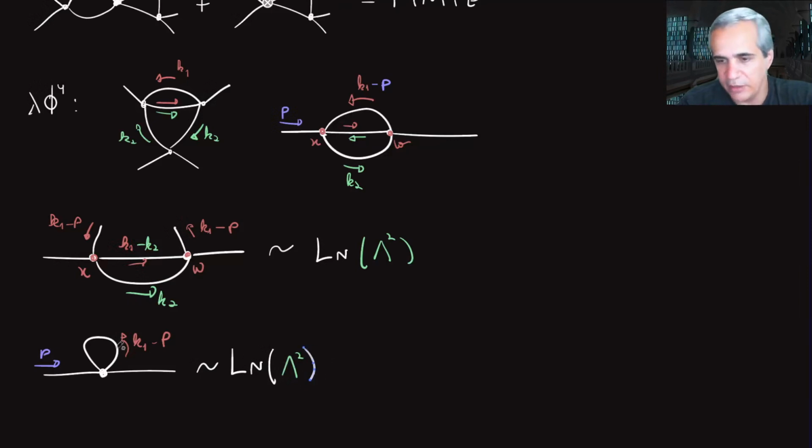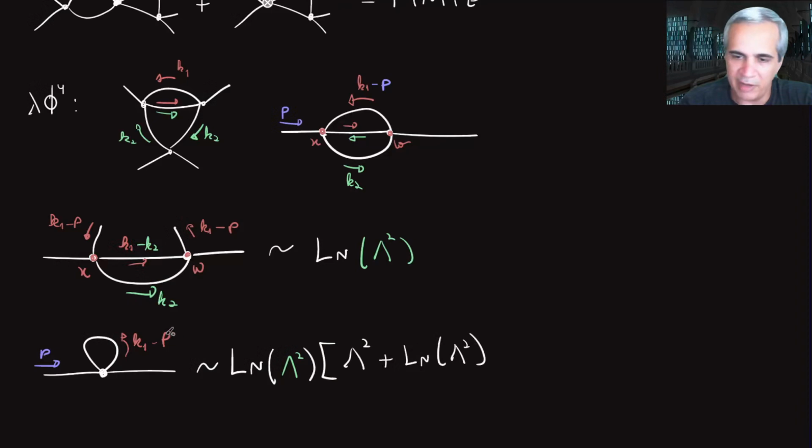And now I do the calculation for this loop. We know this diverges like lambda squared plus the log of some lambda squared. And now I have this P running here. So when I go to the region where K1 is not that big, the lower limit of the integral, this will also contribute with a log of P squared here.